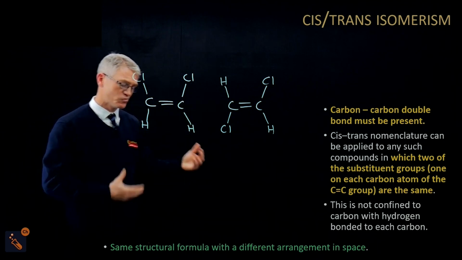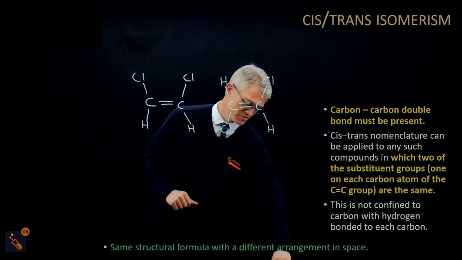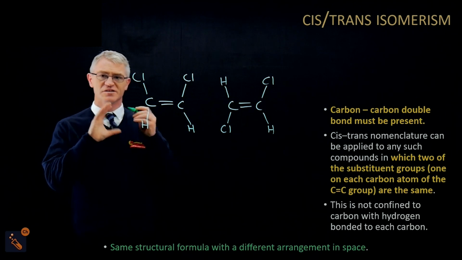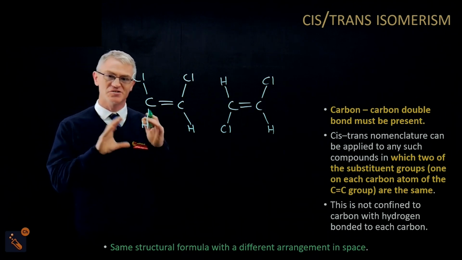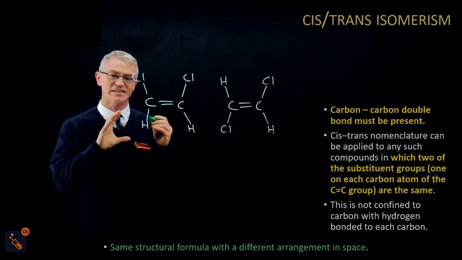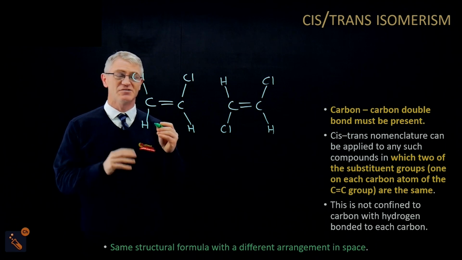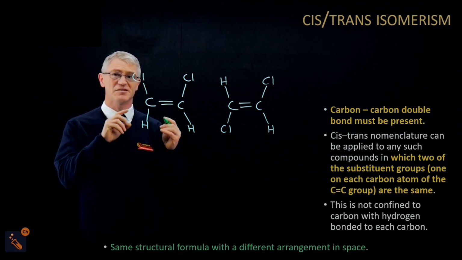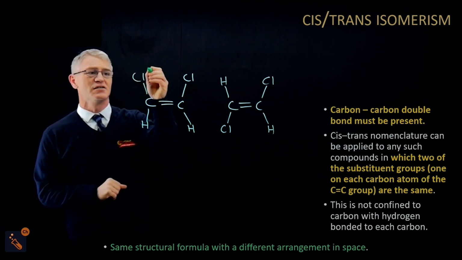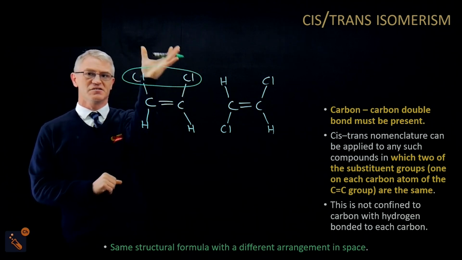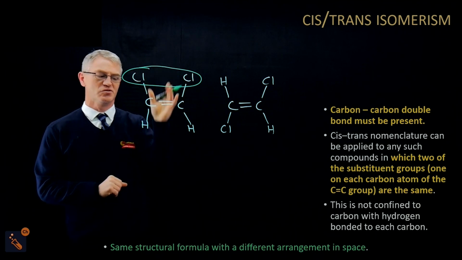So then we have to talk about what is cis and what is trans. There are ways of remembering this, so I'm going to take you over the really, really easy way of remembering it. The first thing is we've got cis. Cis means that it's on the same side. So if you look here, can you see these are on the same side? They're on that side of the double bond.